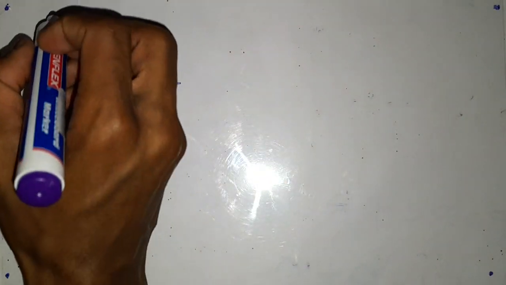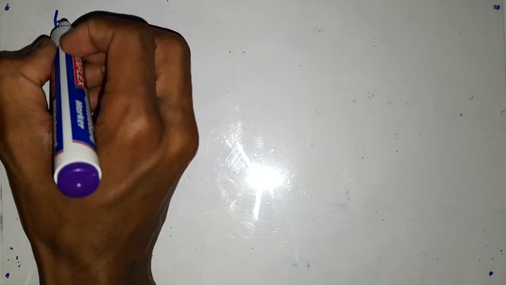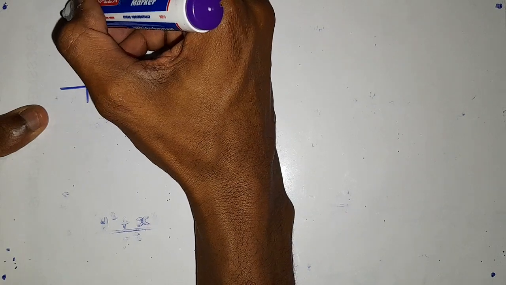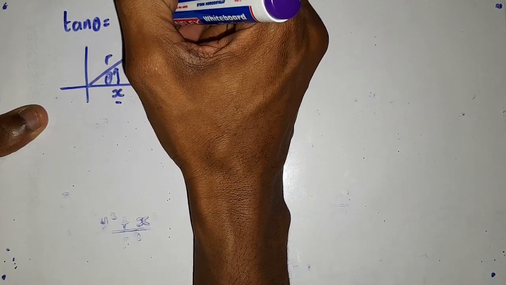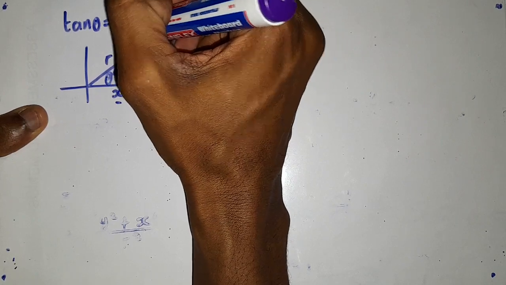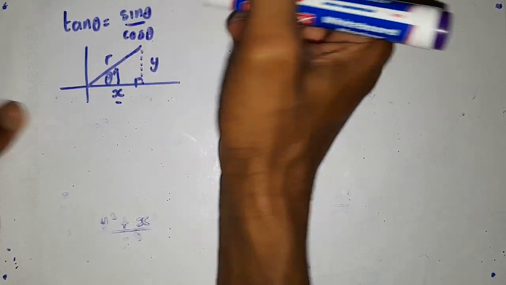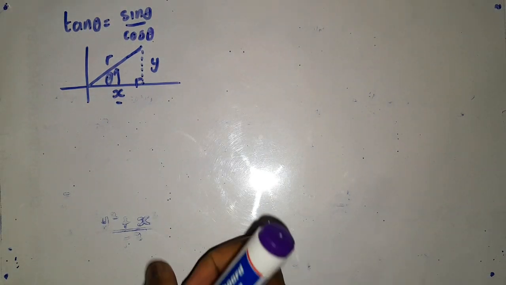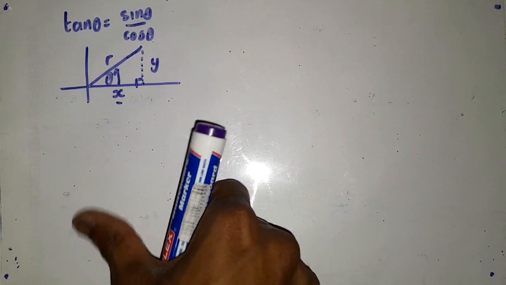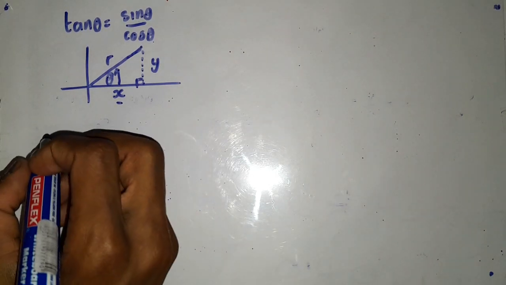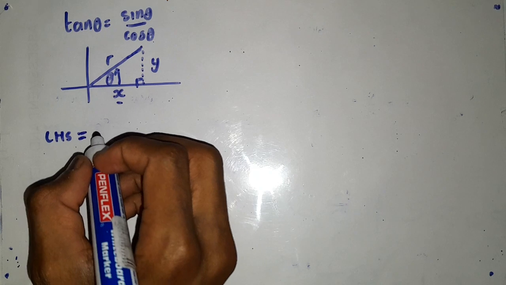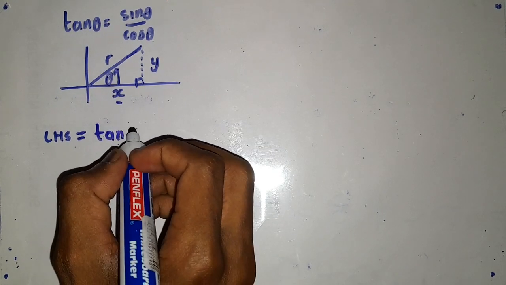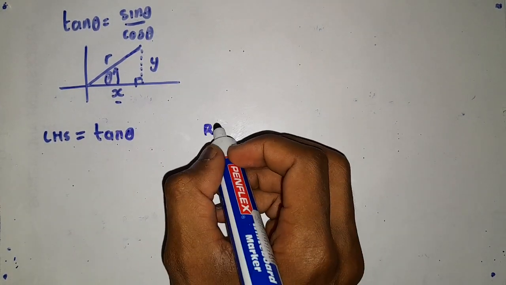Now the quotient identity is this one: tan theta is equal to sine theta divided by cos theta. The quotient identity is this one.